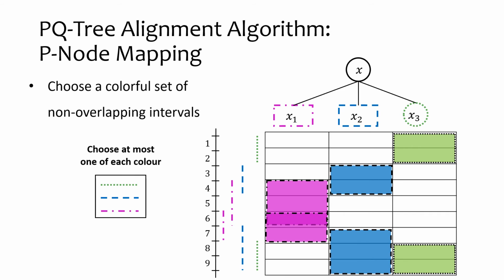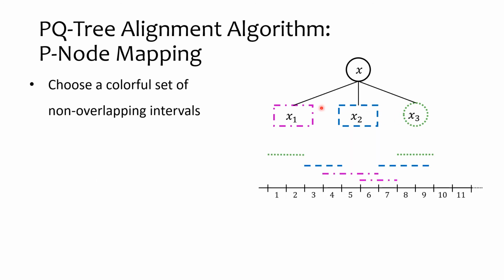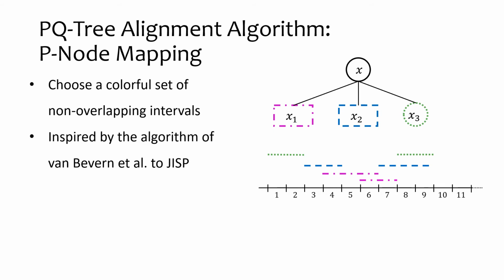Thinking about every alignment as an interval with the color of its node means the objective is to choose a set of non-overlapping intervals where each color is chosen at most once. The intervals you see here are the intervals from the previous slide drawn horizontally. The P-node mapping algorithm we suggest is inspired by the algorithm that solves the job interval selection problem.